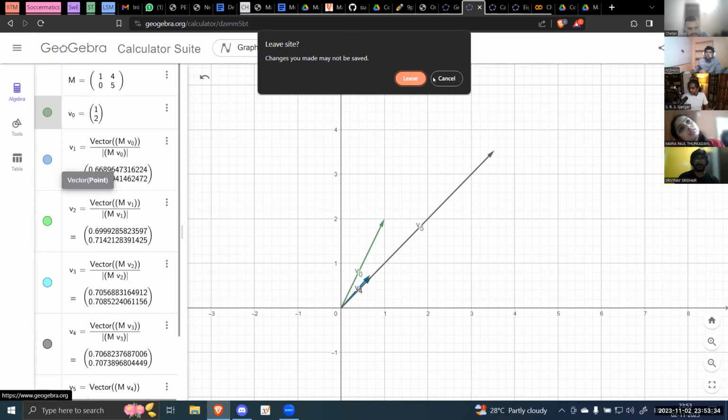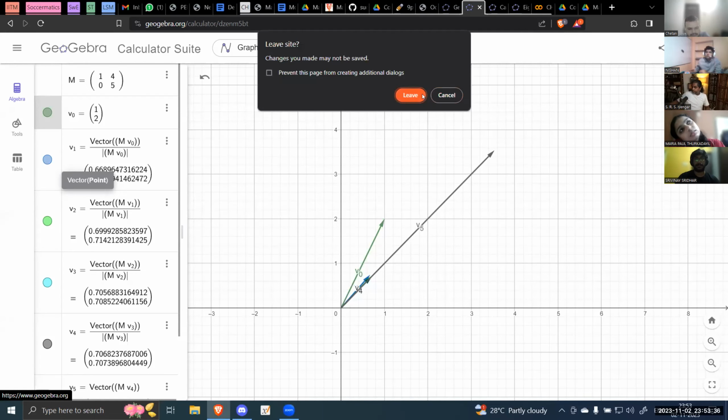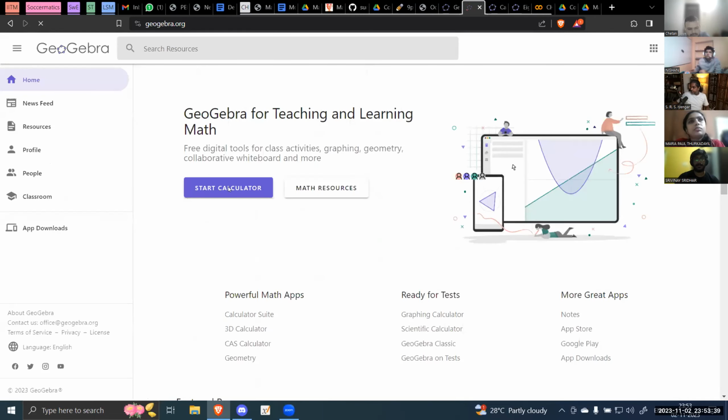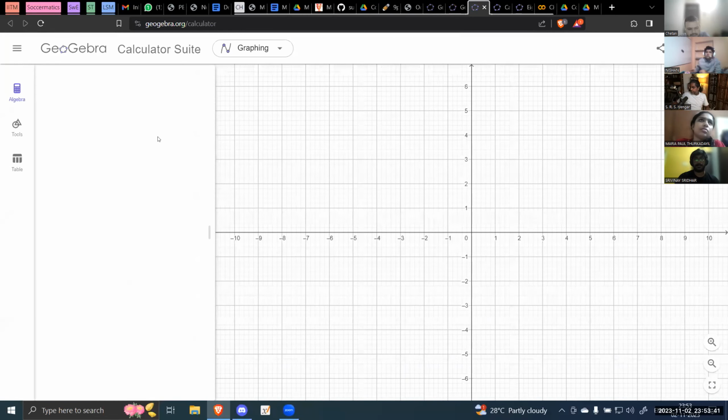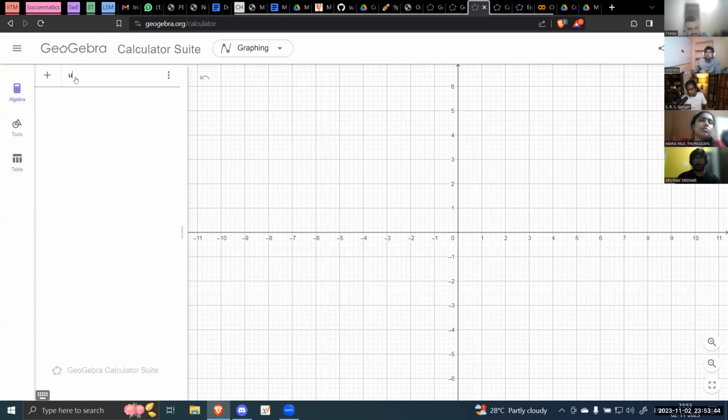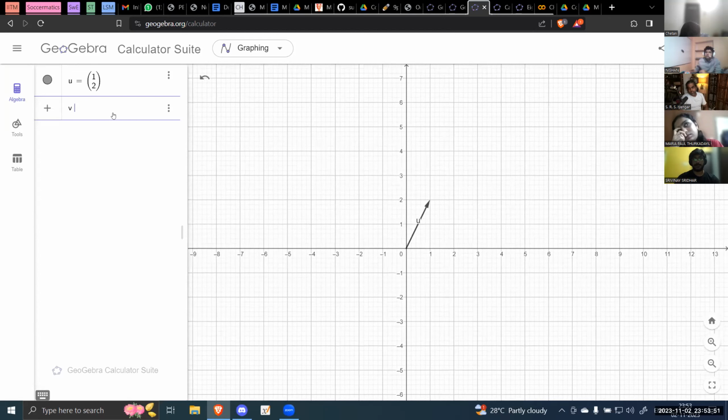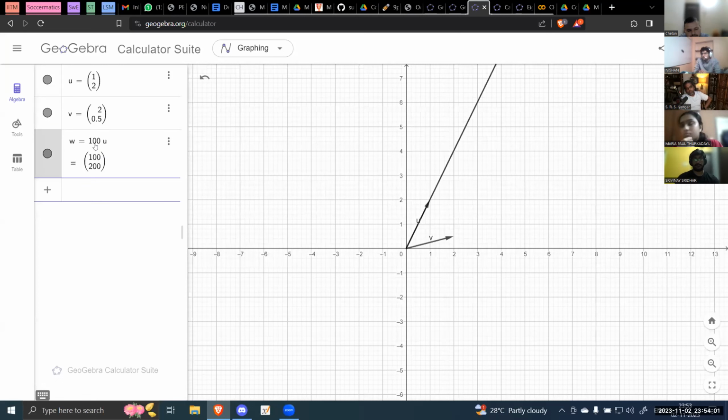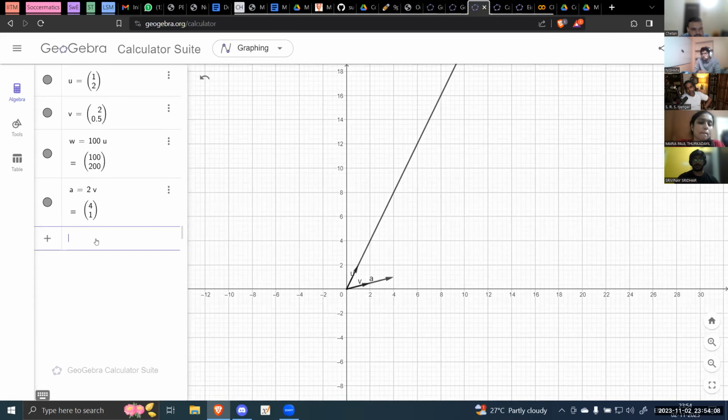Consider the vector 1, 2, and then consider the vector 2, 0.5. Okay, multiply 100 to u and 2 to v, and add the vectors w and a.